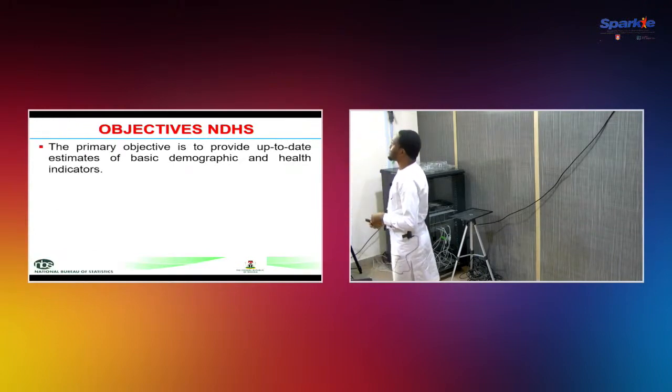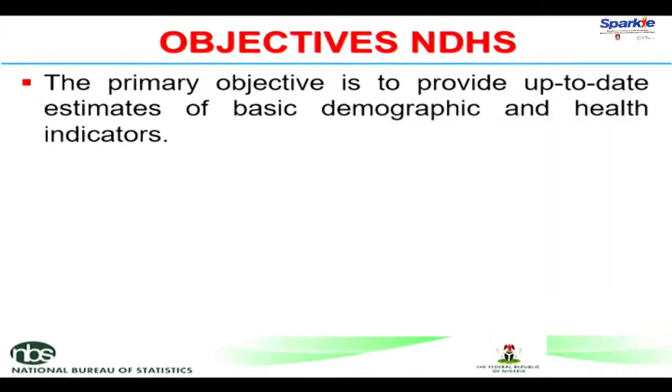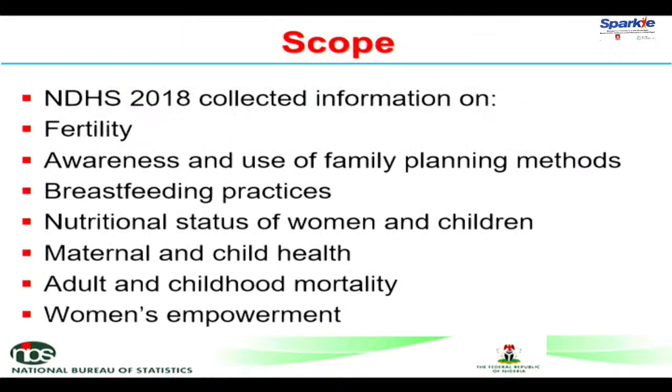The primary objective of NDHS is to provide up-to-date estimates of basic demographic and health indicators. There are a lot of indicators which this survey looks at. These are the scope: NDHS collects information on fertility, awareness and use of family planning methods, breastfeeding practices.